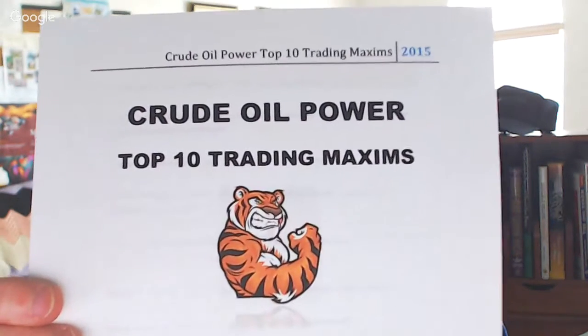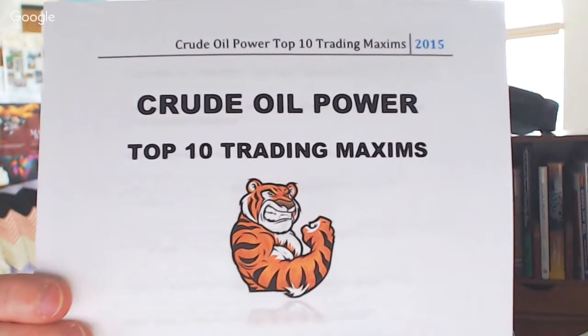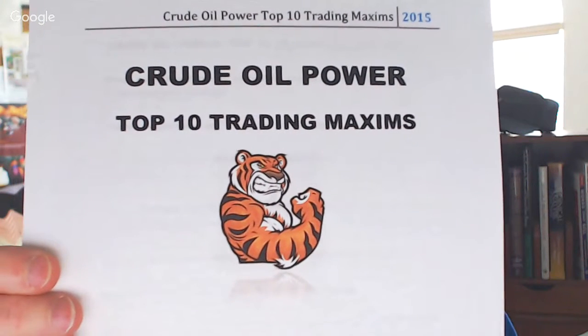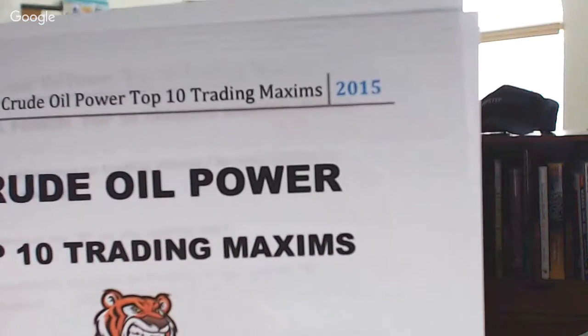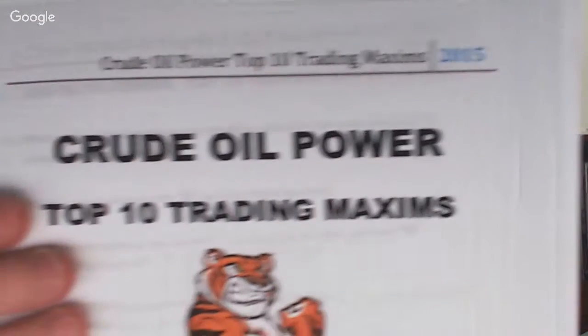Oh, I put this up inside the members area. It's specifically in beginning lesson number 1. It's crude oil power top 10 trading maxims. You might have a copy of this. I know that it was one of the favorite things that I did back in the day. This was updated from 2011 to make it 2015.